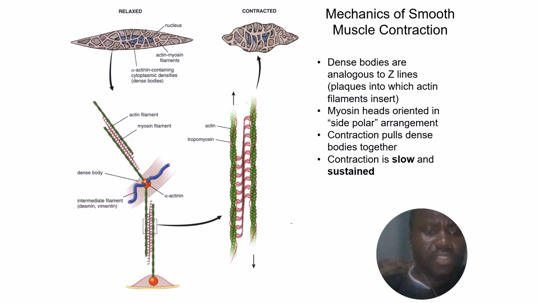The dense bodies are like Z lines where the actins are connected, such that when the myosin binds to the actin, they begin to move closer to the dense bodies, and this is what is called the contraction of smooth muscle. So you need to pay attention to that.